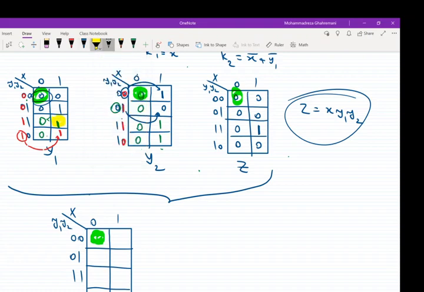For example, this value, this value, this value together and put it in this cell. So we just copy paste data from these 3 individual tables to a complete table.